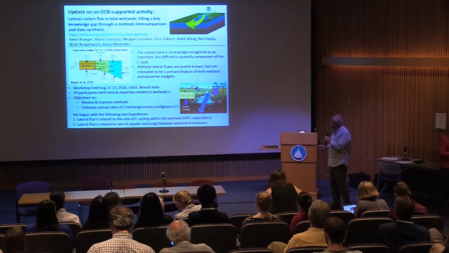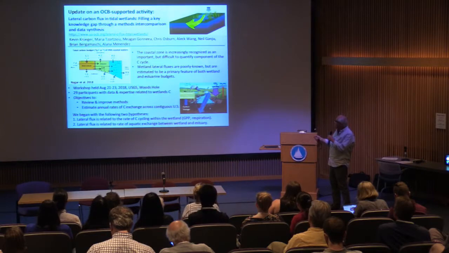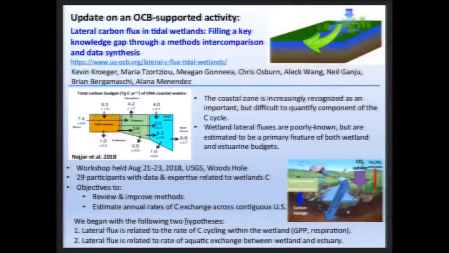Okay, so I'm giving a report on an OCB supported activity titled Lateral Carbon Flux in Tidal Wetlands, filling a key knowledge gap through a methods intercomparison and data synthesis. And last August, we had a workshop with about 29 individuals who have expertise in related topics.